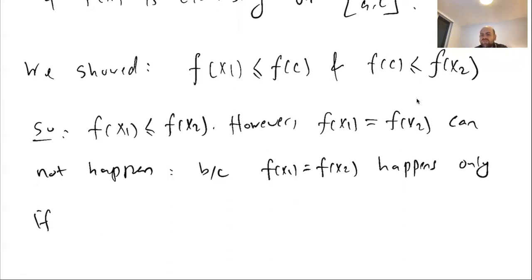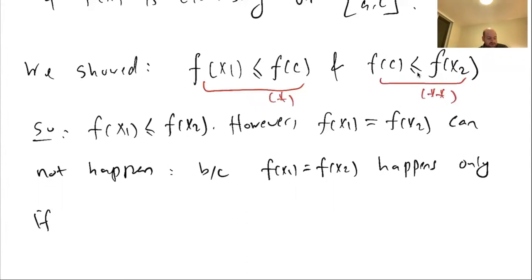Because if at least one of these two inequalities becomes a strict inequality, then f of x1 will be strictly less than f of x2. So the only way that I have f of x1 equals f of x2 is that equality must happen here and equality must happen here as well. If one of these two changes to strict inequality, then f of x1 will not be equal to f of x2. So let me call this one star, and call this one 2 star.